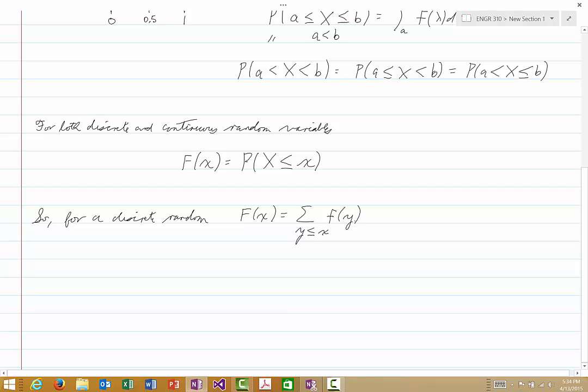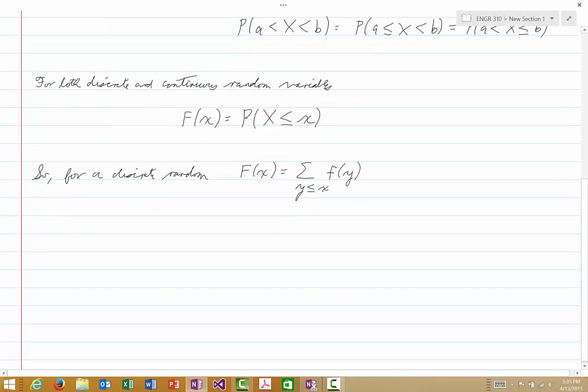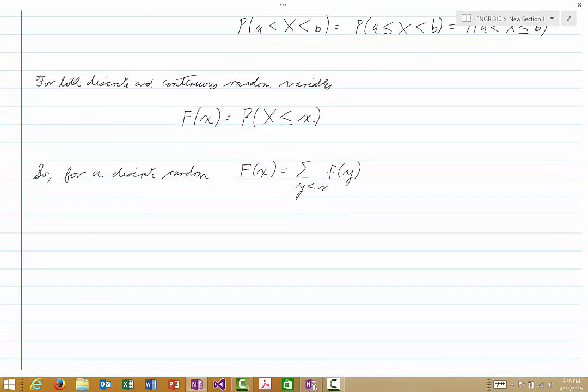If we look at all the values y that the random variable can assume that are less than or equal to little x, and we add up the corresponding probabilities, then that gives us the total probability that the random variable has a value less than or equal to little x, and that, of course, is capital F of x.